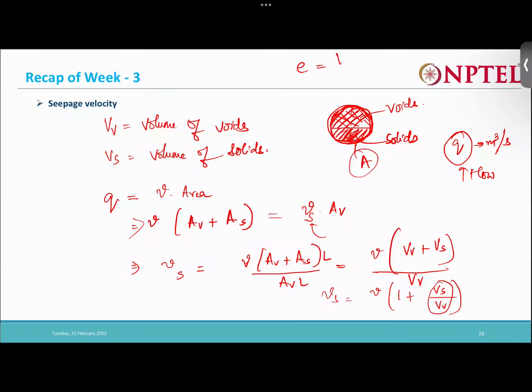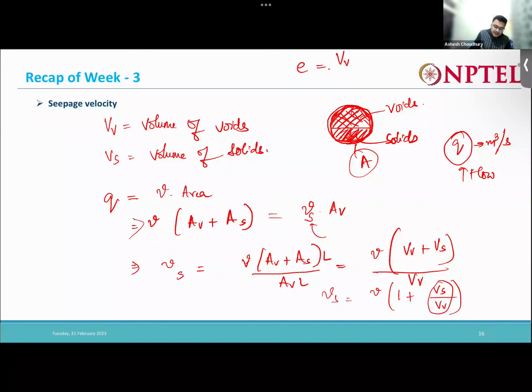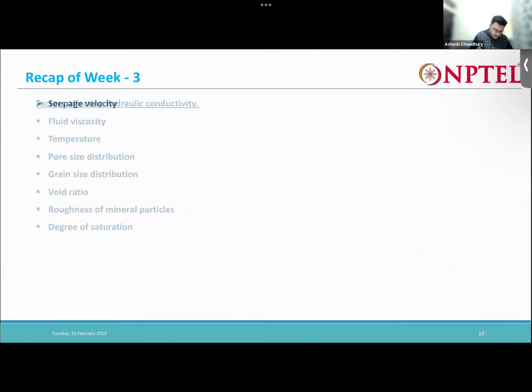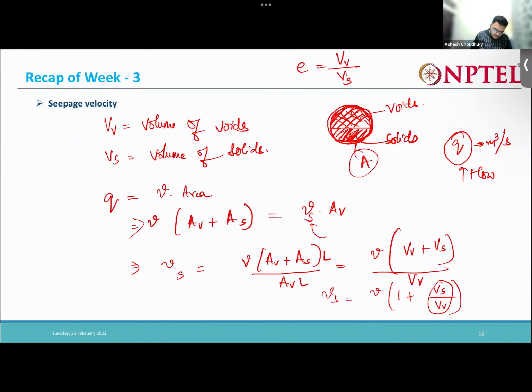Void ratio is volume of voids by volume of solids, isn't it? So this term is nothing but 1 by e, right?